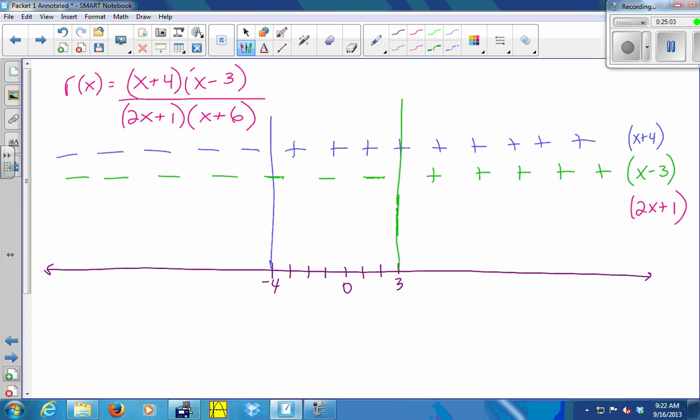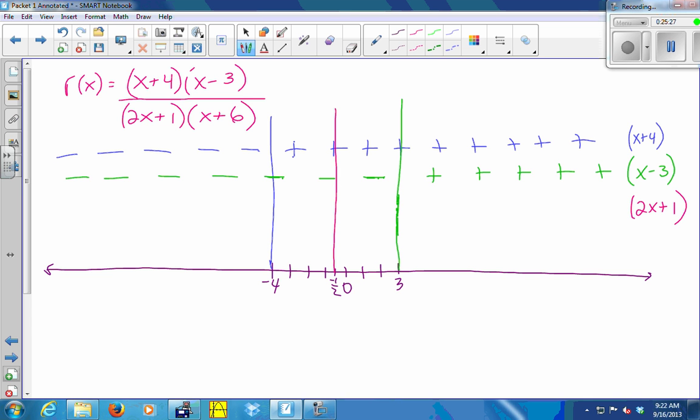Next factor, 2x plus 1. Where does 2x plus 1 equal 0? Negative 1/2. So that's right here. I'm going to put in a fence there. To the left of negative 1/2, when I plug into 2x plus 1, what do I get, positive or negative? Negative.